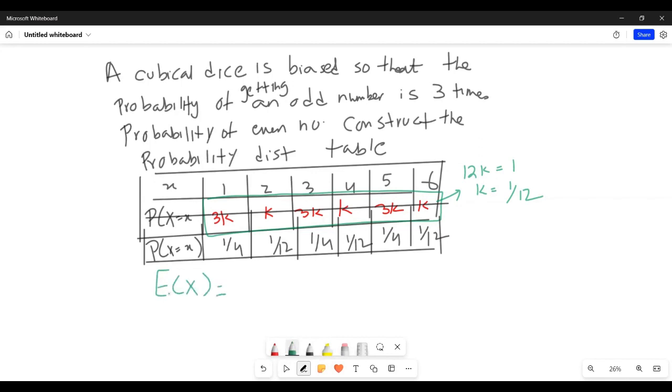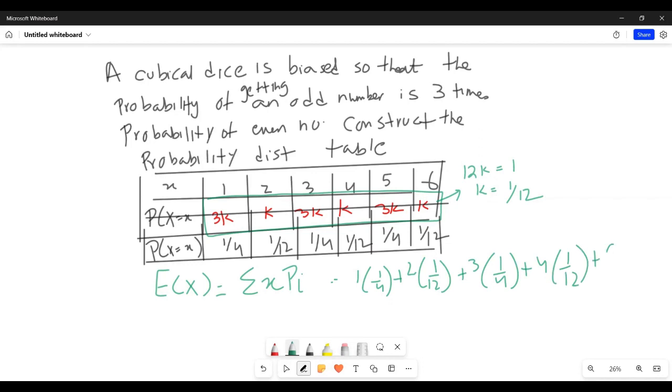It's going to be summation x times probability. So 1 times 1/4 plus 2 times 1/12 plus 3 times 1/4 plus 4 times 1/12 plus 5 times 1/4 plus 6 times 1/12. Which is 3.25.